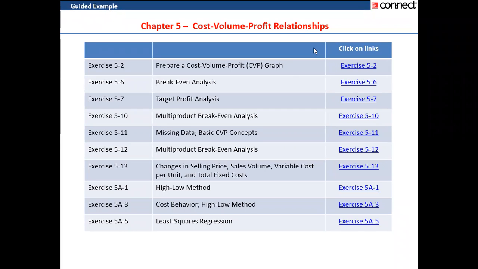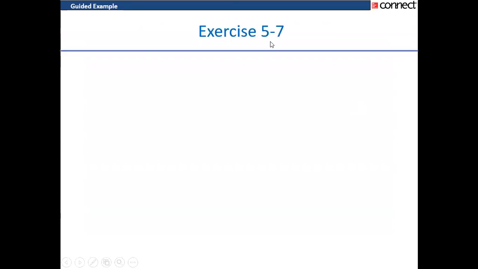The problems we would like to focus on today are exercise number 5.7, exercise number 5.10, and exercise number 5.13. So let's move to exercise number 5.7 and we'll discuss it first.